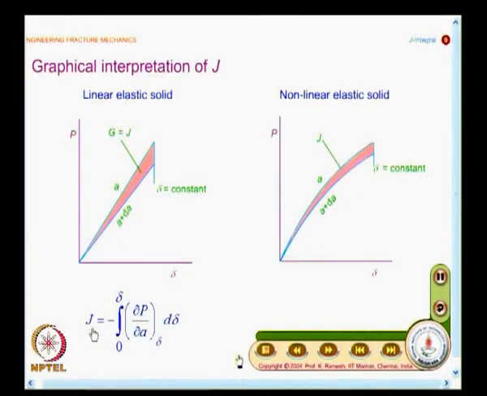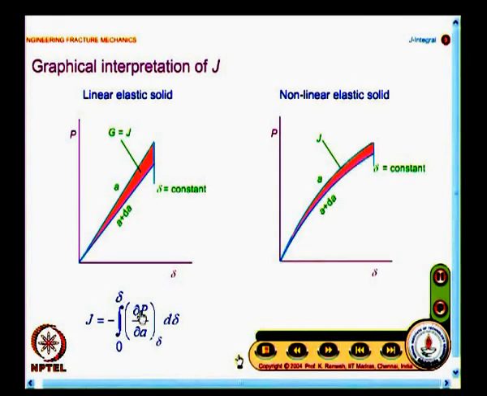I can still evaluate this line integral and then say that this is nothing but energy availability for the formation of two new surfaces. You have G equal to differential of potential energy divided by dA in the case of linear elasticity. A similar interpretation of J as differential of potential energy with respect to the growth of the crack is possible in non-linear elasticity, and you have this J given as minus integral 0 to delta of dou P by dou a into d delta.